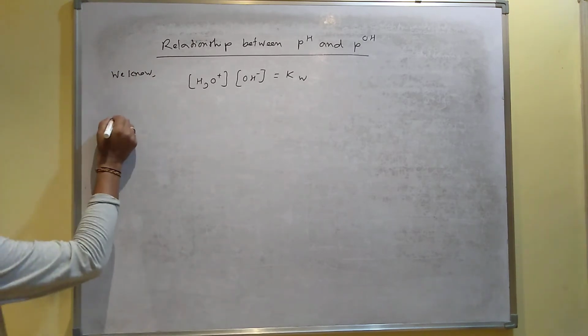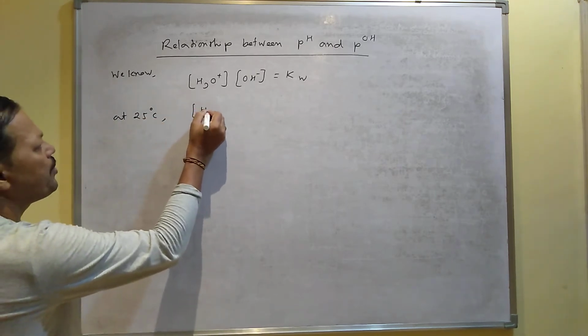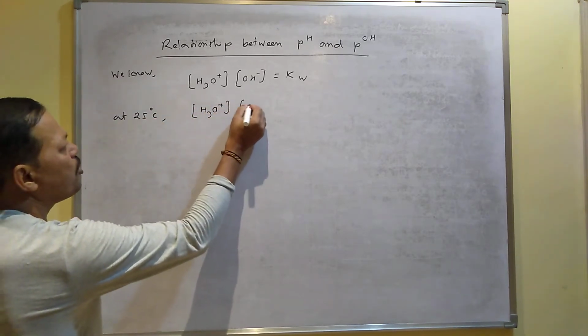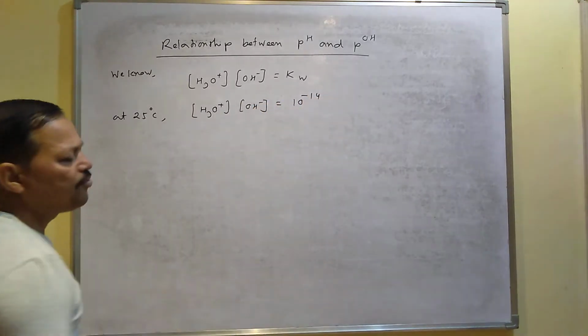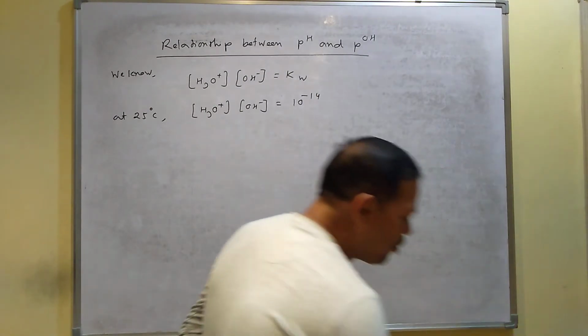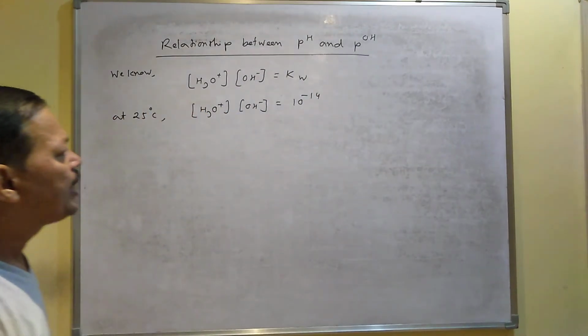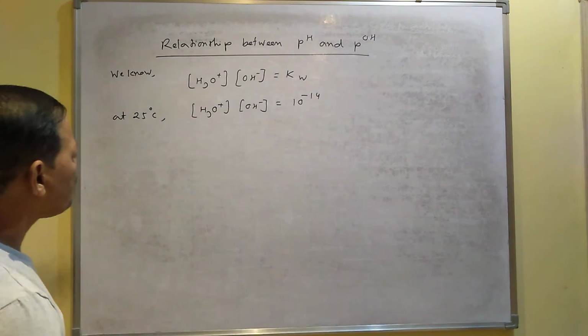And at 25 degrees Celsius, the concentration of hydronium ion into the concentration of OH minus ion is equal to 1 into 10 to the power minus 14. We have got that at 25 degrees Celsius the value of Kw is 1 into 10 to the power minus 14. Experimentally, it is found.